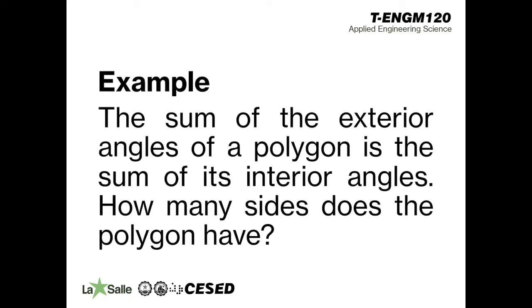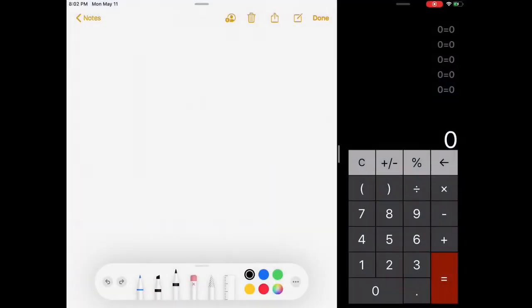Example: the sum of the exterior angles of a polygon is the sum of its interior angles. How many sides does the polygon have? We could simply solve that using the given theorems. The sum of the interior is equal to the sum of the exterior.